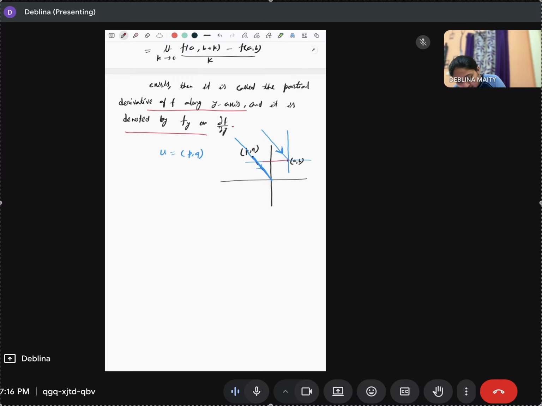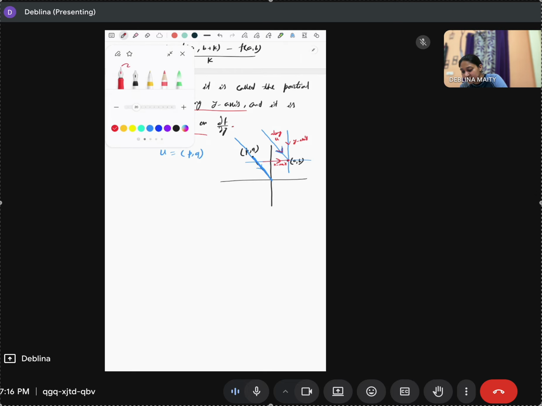This line means we are approaching AB along x-axis, parallel to x-axis, and this is along y-axis, parallel to y-axis, and this one is along u, along the direction of PQ, right?